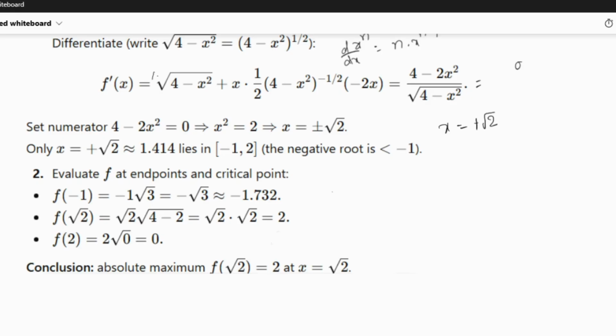The maximum value is 2. So the absolute maximum is f of root 2, that equals 2. And the absolute minimum value is minus 1.732, that is at minus 1. F of minus 1 is the absolute minimum.